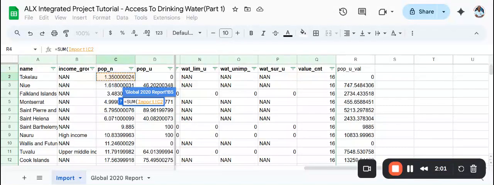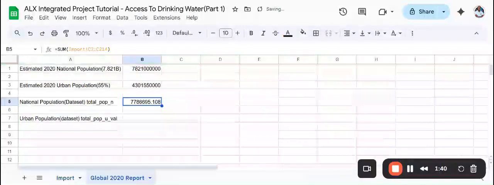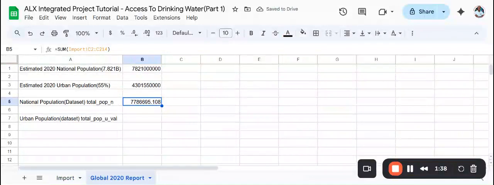If you are using Mac, it means you use Command and Shift, and then you press the down arrow so that you can reference all the cells within that particular range. And then I can now comfortably press enter to have the total. So this is it.